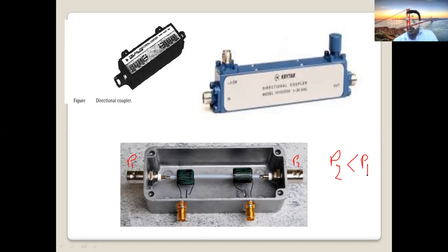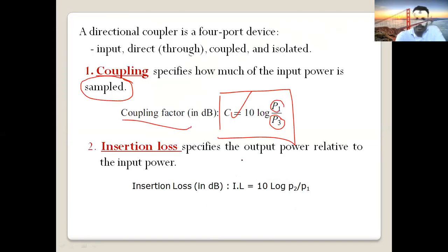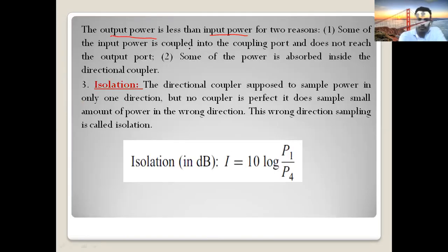Why is P2 less than P1? Because of two reasons. One, some part of the signal goes to P3, definitely. The signal is divided. Another reason, there is attenuation by this component. We call it insertion loss. Because of these two reasons, the output power is always less than the input power.